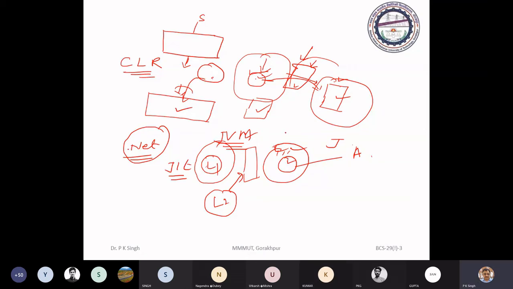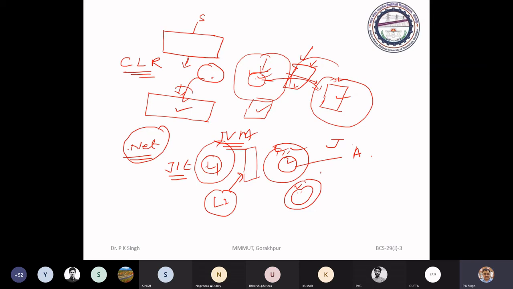Similarly, if you have to change the machine A to machine B, what do you have to do? You have to just change this virtual machine, this virtual environment. You need not bother about the language compiler.